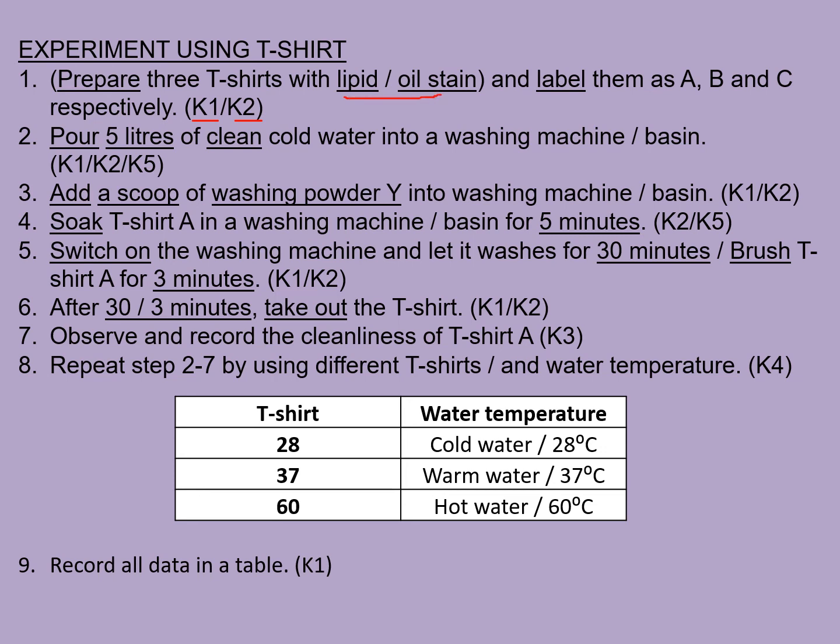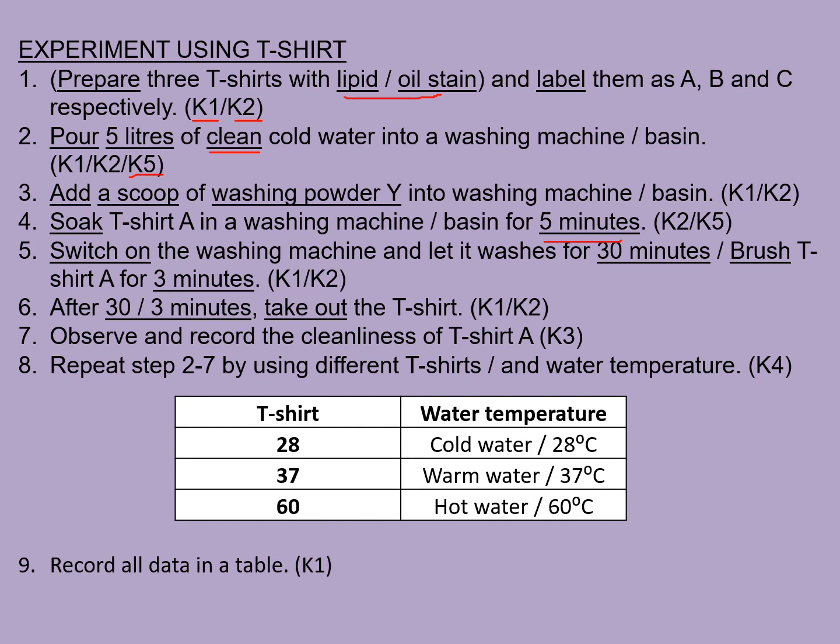We only use lipid stain in this experiment. Step 2: pour 5 liters of clean cold water into a basin or washing machine. That is K1, K2, and K5; clean water is K5 to increase the accuracy of the experiment. Add a scoop of washing powder Y into the washing machine or basin. Soak t-shirt A in the washing machine or basin for 5 minutes. Five minutes is K2.